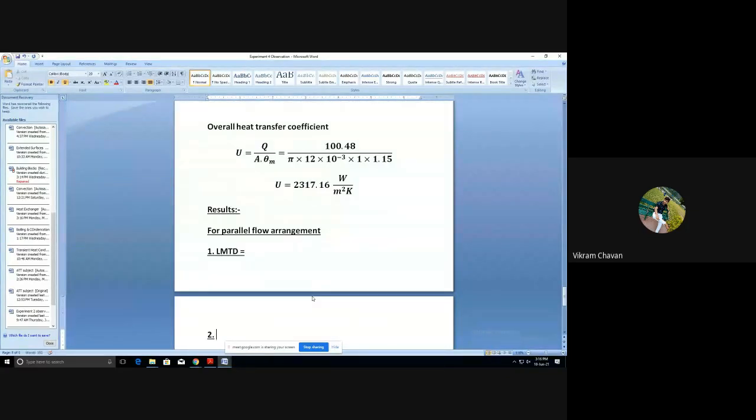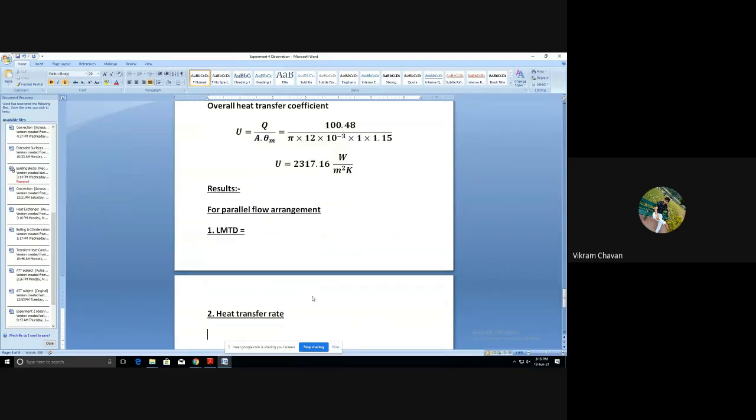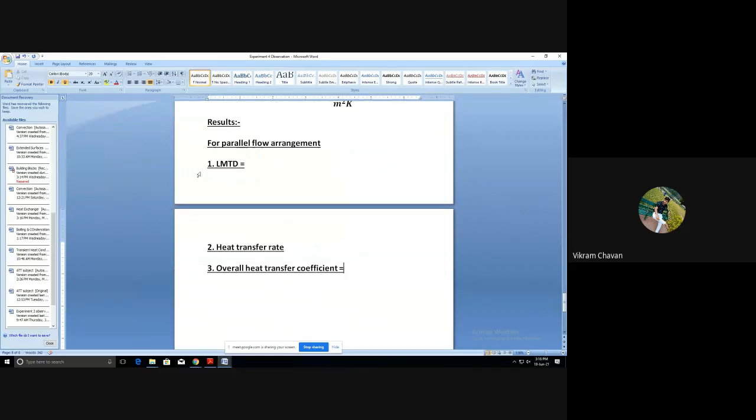Second, heat transfer rate, and third, overall heat transfer coefficient, which is equal to. So these three results you require for the parallel flow, and similarly for the counter flow.